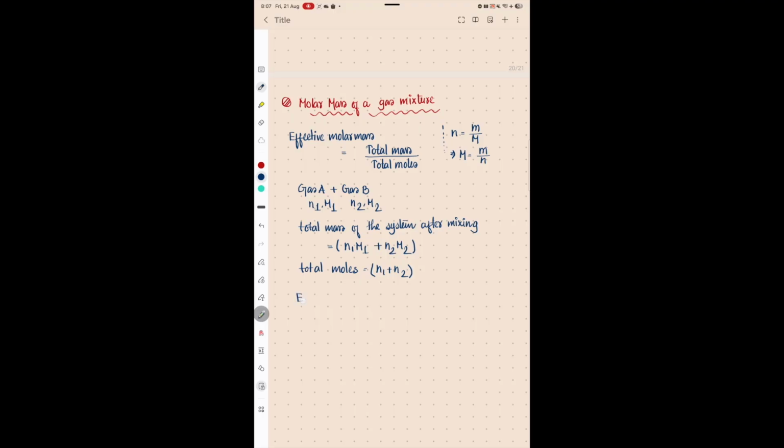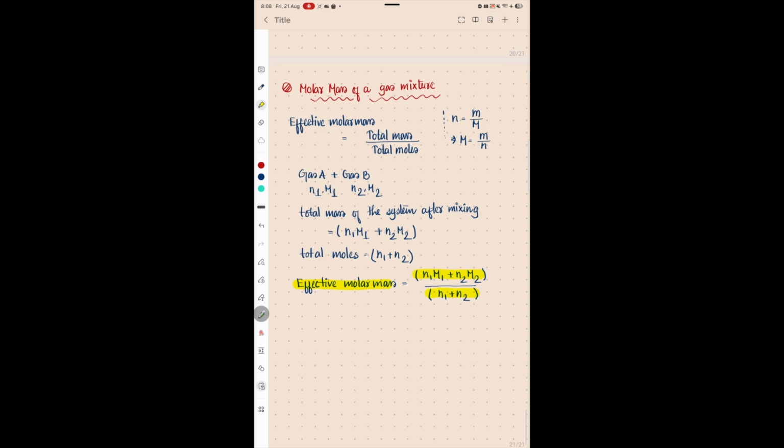So effective molar mass will be equal to n1 M1 plus n2 M2 upon n1 plus n2, right? So this is the formula to find effective molar mass of a mixture. Okay, now we can do a short exercise to understand this better.